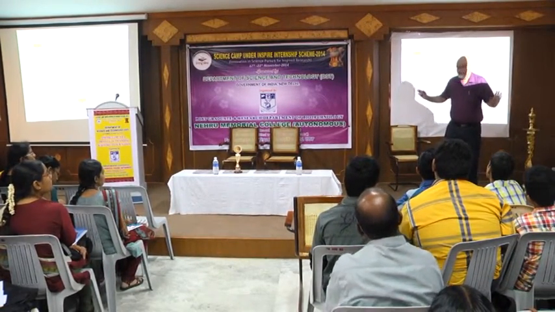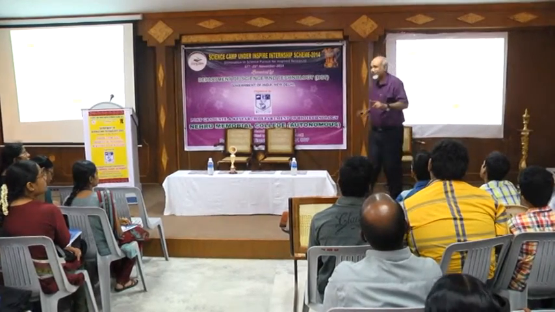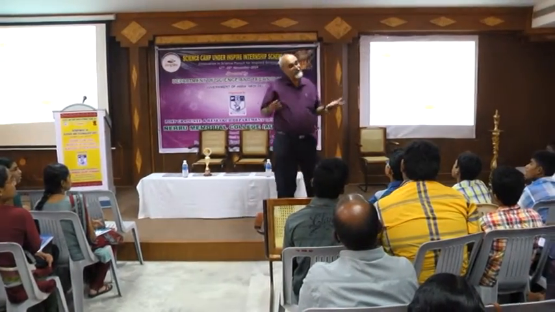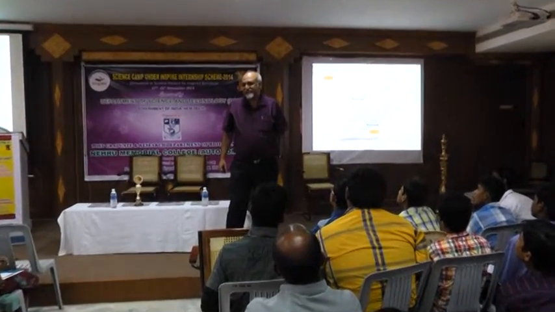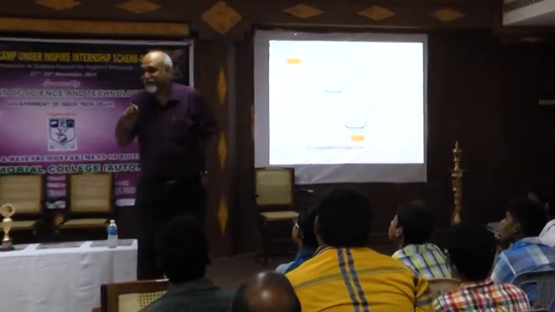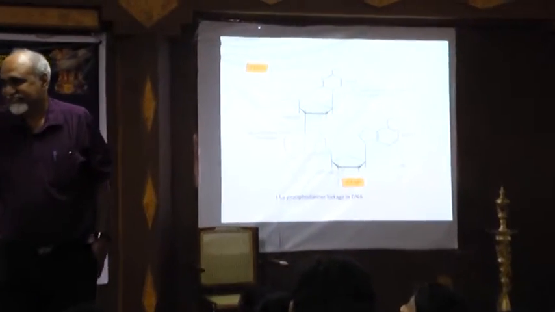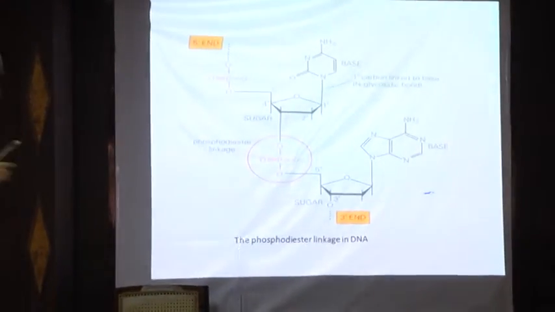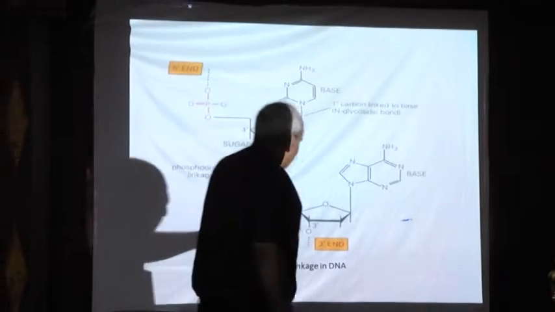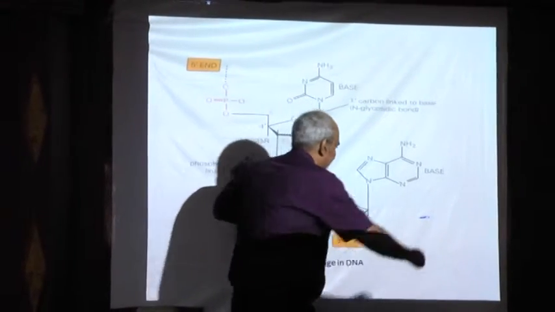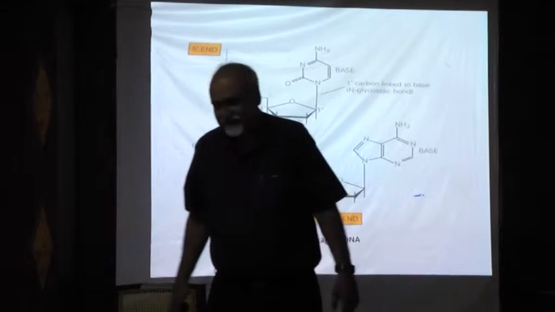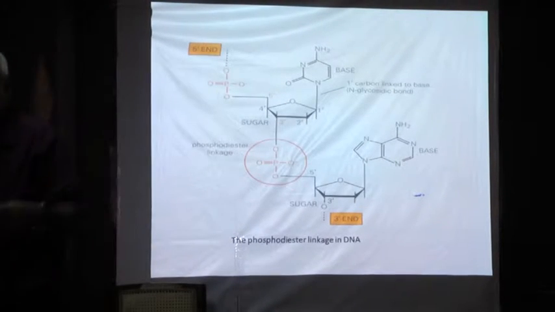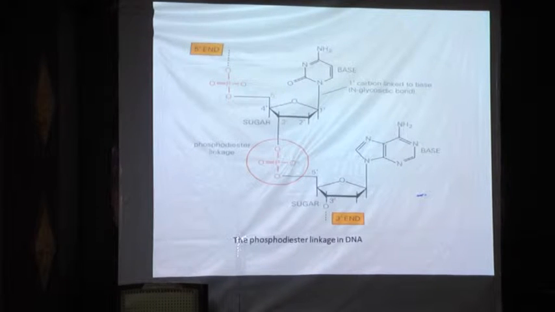So how much is N for DNA? One trillion is the number of cells. For DNA, it is actually 3.5 billion. So this goes on repeating, and this N is equal to 3.5 billion. Now you just note it down. We will use it later on for some calculation.